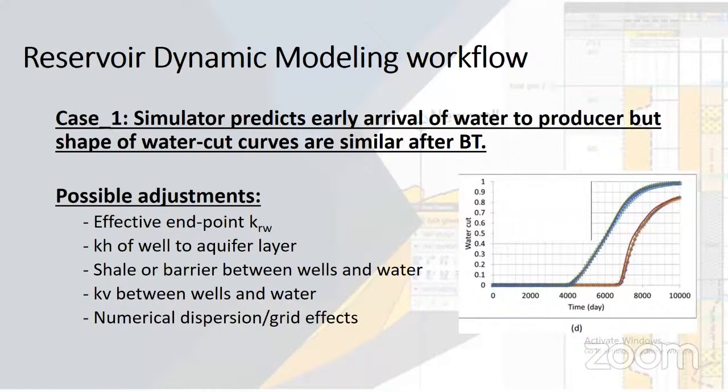So in that case, we want to modify the relative permeability to match the simulated and the actual water cut curve. If you have the same slope, then the problem is with the endpoints of the relative permeability, okay? If you have the same start but different slopes, then you have a problem with the endpoints and the Corey exponent of the relative permeability curves. Okay.